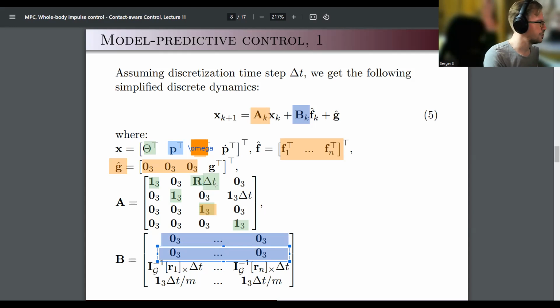Well, here we can see how. Force F1 will be multiplied by R1. This square bracket with a cross sign is a skew symmetric representation of a vector.